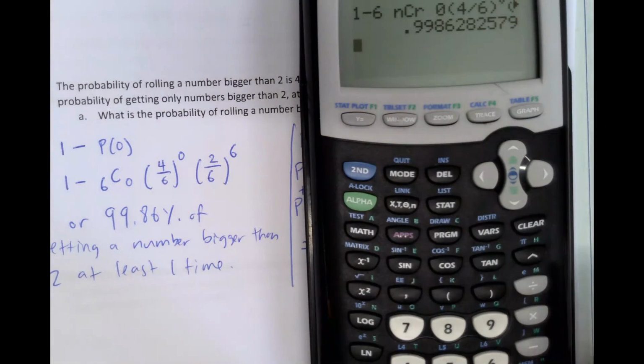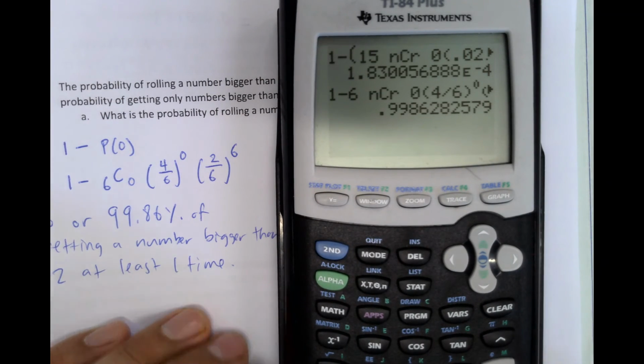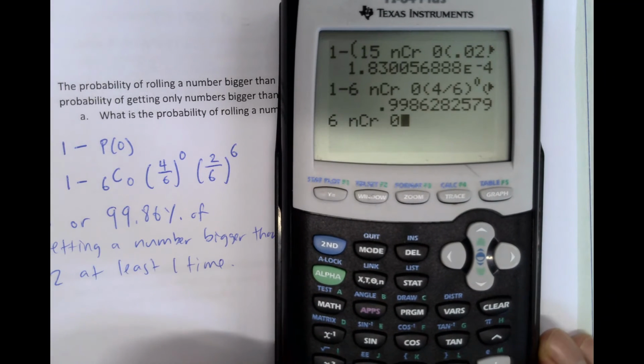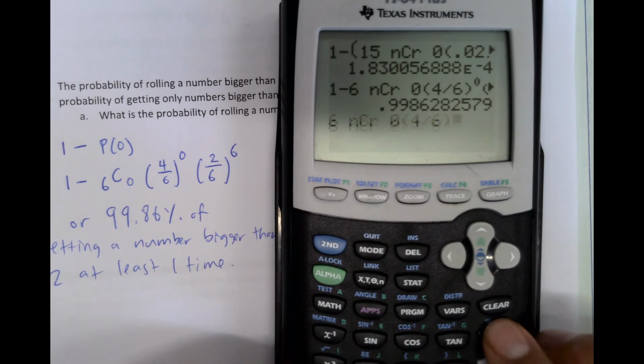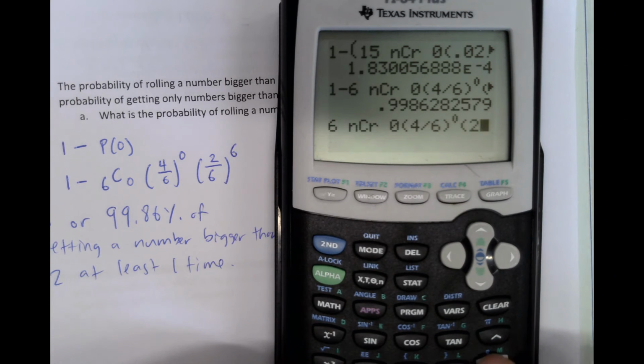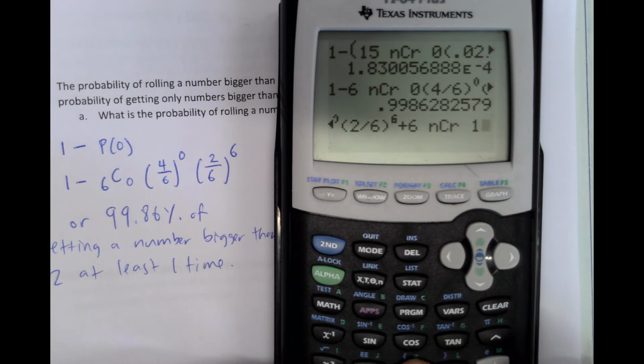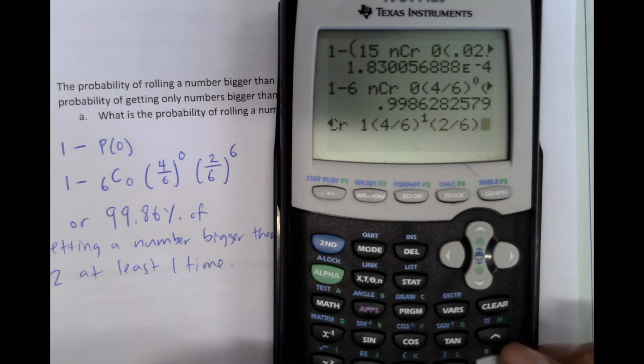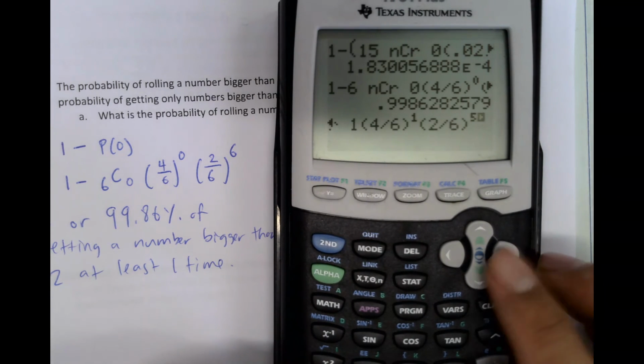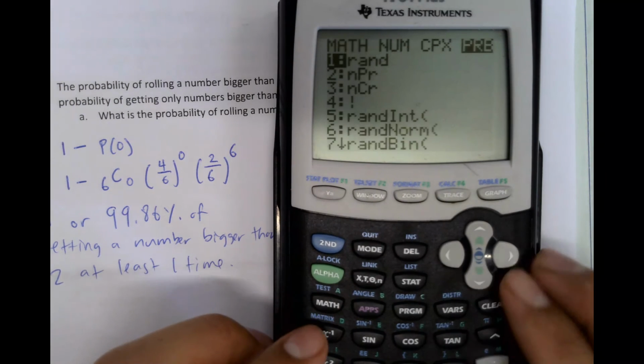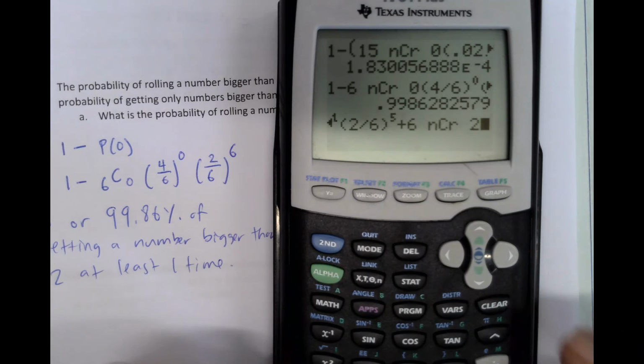So in your calculator, it's going to look something like this. 6C0, and then it would be 4 divided by 6 to the 0 power, 2 divided by 6 to the 6 power, and then you're going to add this to 6C1 times 4 divided by 6 to the 1 power, and then 2 divided by 6 to the 5 power, and then you're going to add this to 6C2, 4 divided by 6 to the 2nd power, 2 divided by 6 to the 4th power.